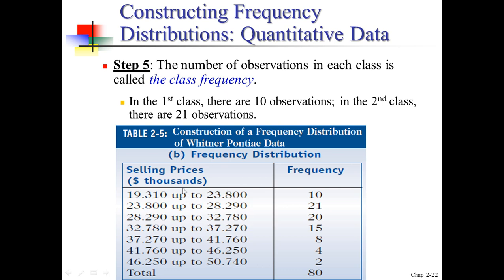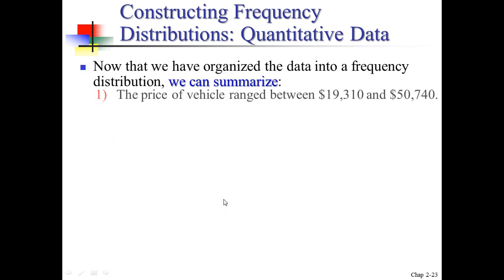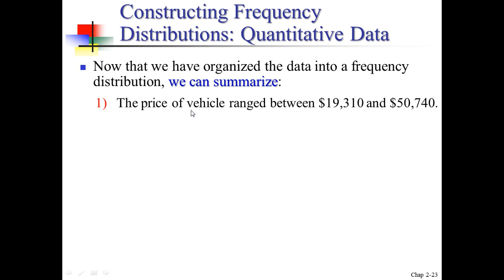This table shows us the selling price in thousands. So based on the previous table, the price of cars sold last month ranged between 19,315 to 50,740. Range from L1 to H7.